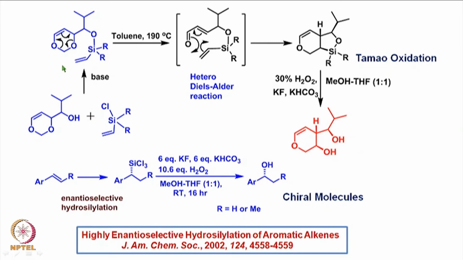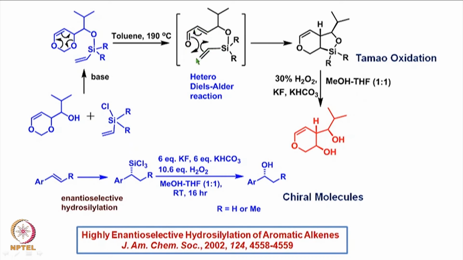This organosilane molecule has been prepared by reacting this hydroxy compound with the chlorosilane of this type under basic condition, and then allowed to undergo thermolysis at 190 degrees, whereby this undergoes cleavage, as I have shown here, to release this alpha beta unsaturated aldehyde.